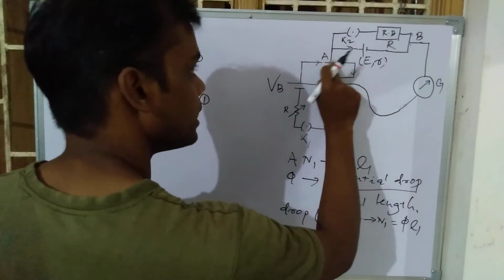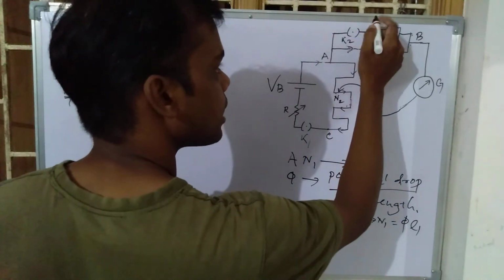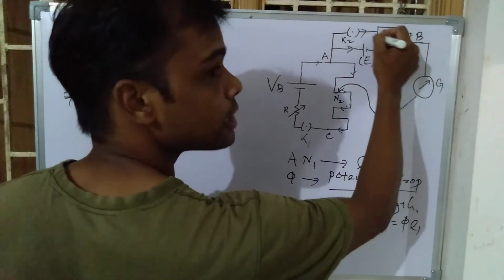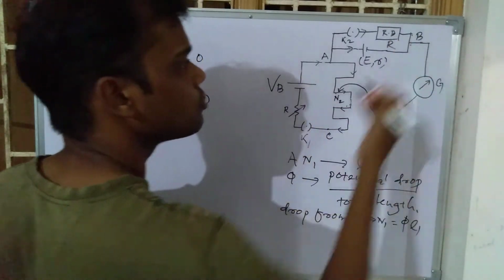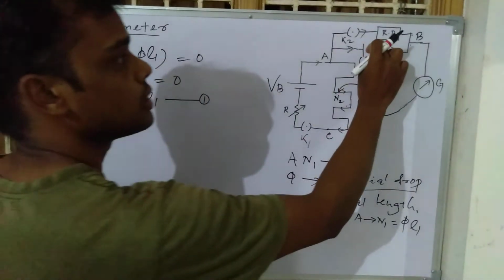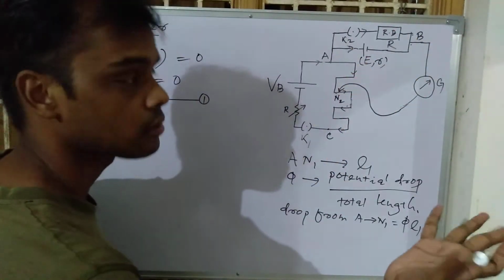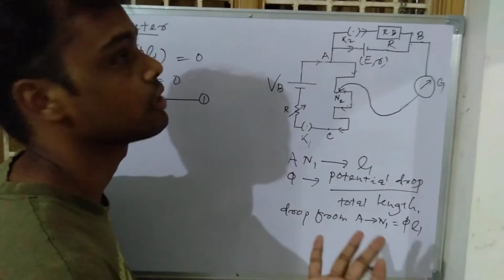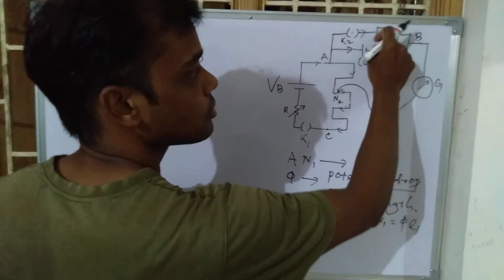So start from point A, go through this path. Here is a drop, but we do not know what the drop is. What is the current here? We do not know. So how can we find out the potential drop across this resistor?